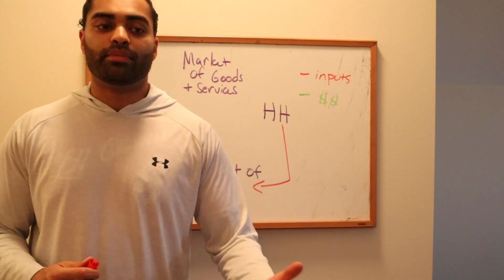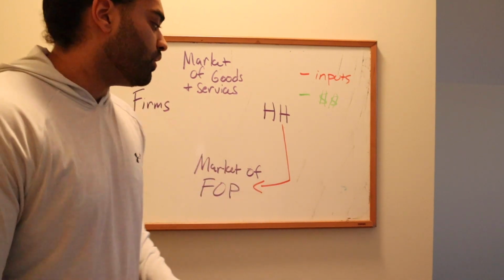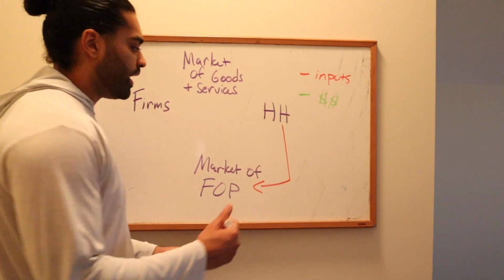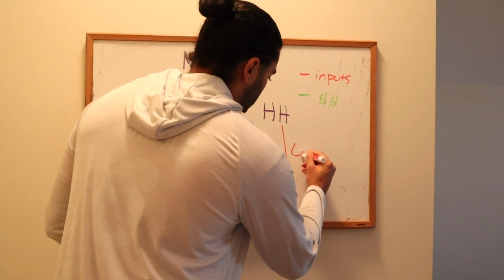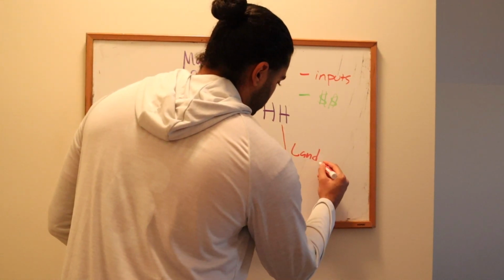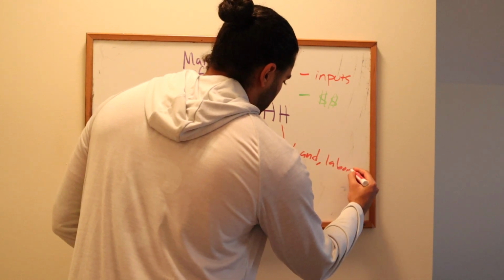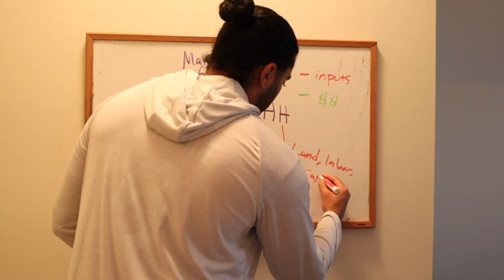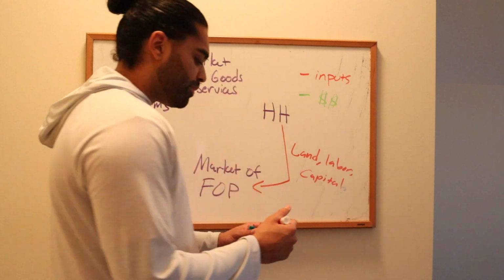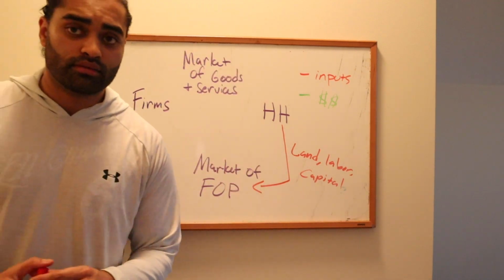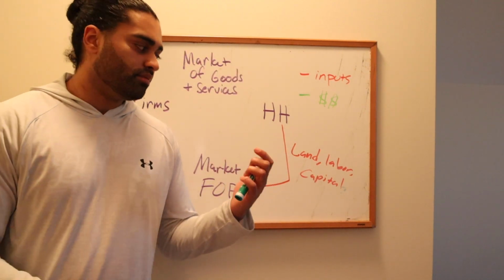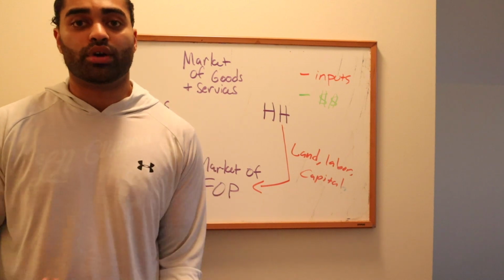You provide them with some type of benefit. So you provide them with land, labor, or capital. Just a quick note, capital in economics is not money. Capital is machinery, any tools used to produce a product.